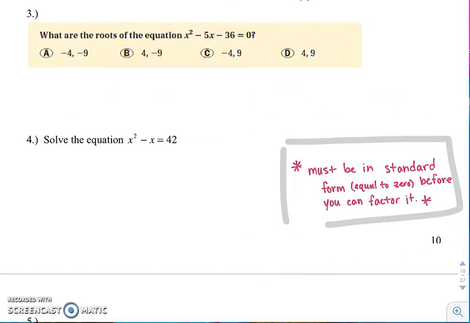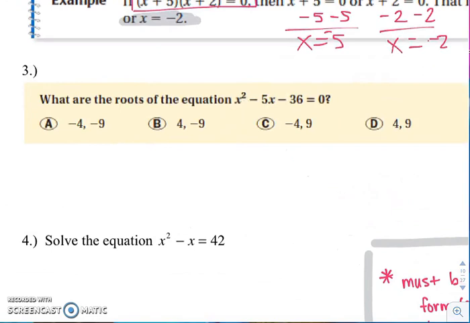So I'm going to do 3 and 4 with you. For number 3, it says, what are the roots? So remember, the word roots just really means solutions of the equation x squared minus 5x minus 36 equals 0.